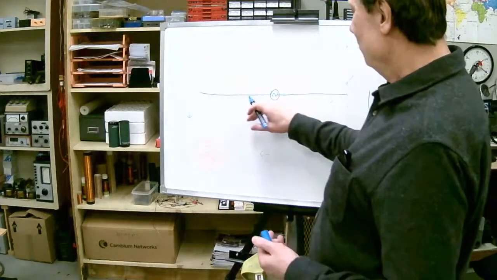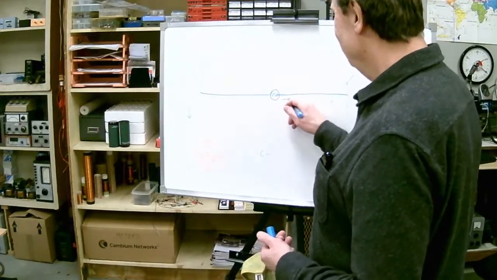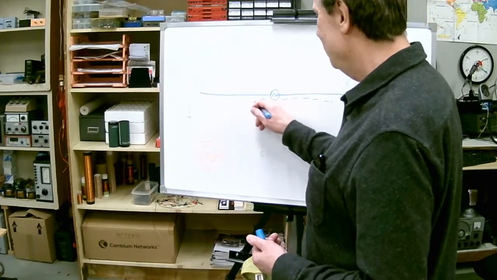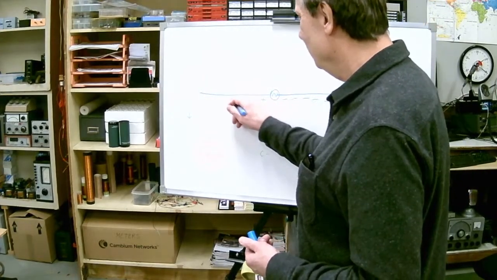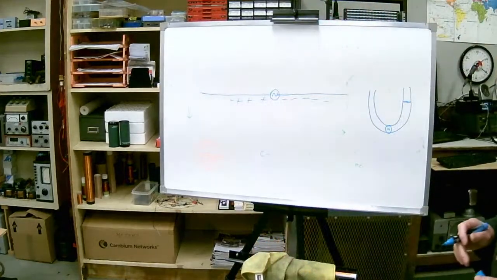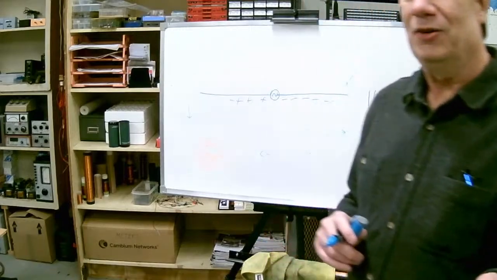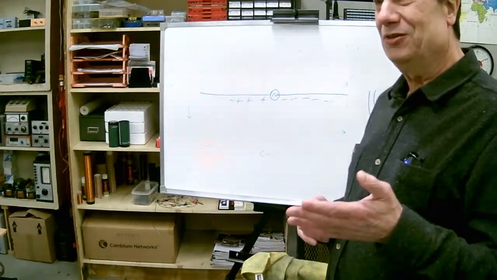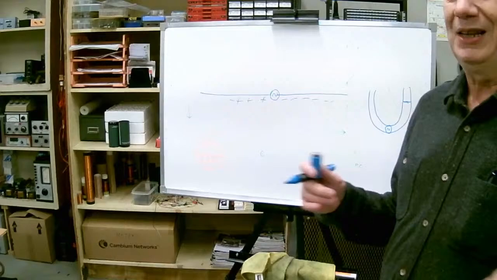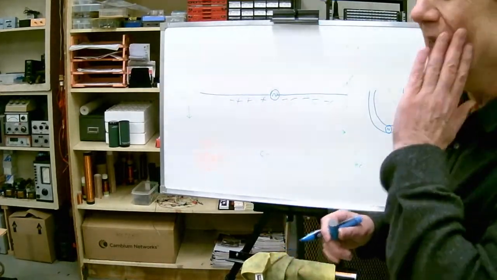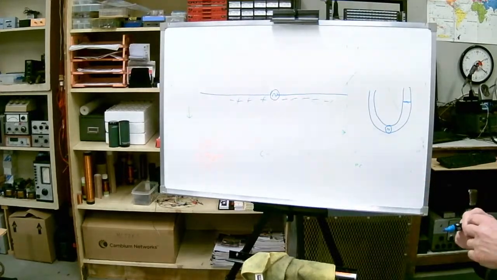So what we're doing, with a little oversimplification, is sloshing the electrons to one side during half a cycle, and then the other. Now, as we mentioned before, it's not the electrons that actually move the whole distance, it's the energy. The electrons don't move very far, but the energy does.